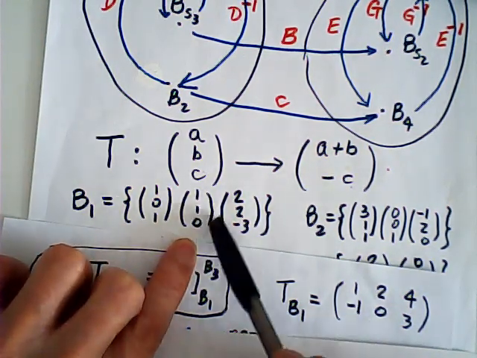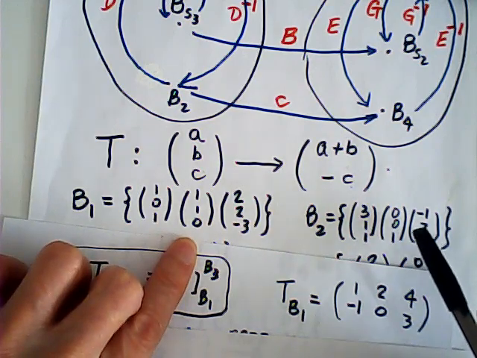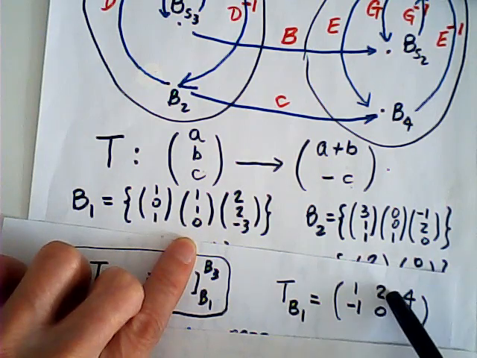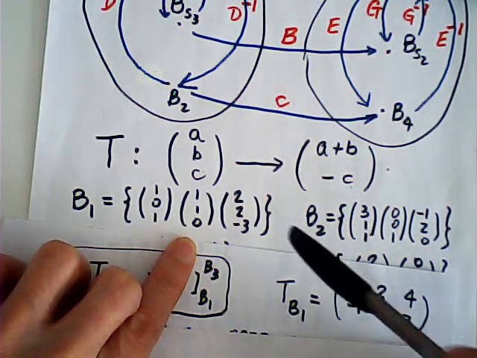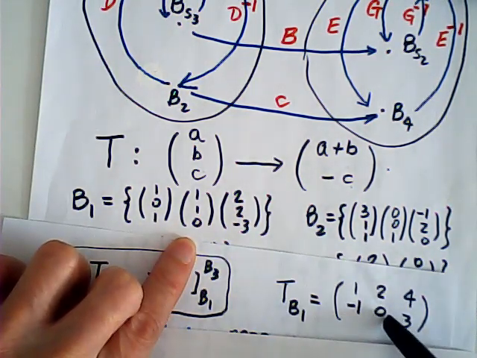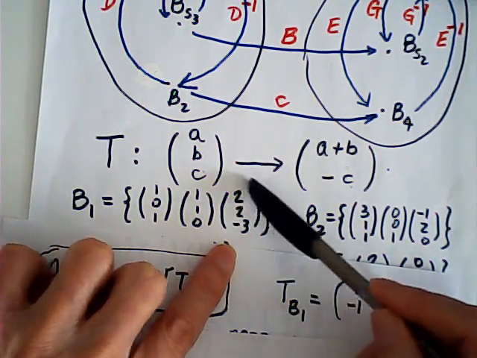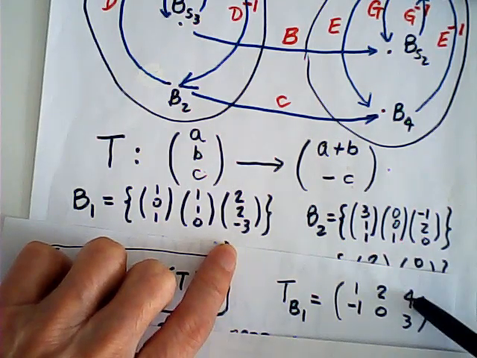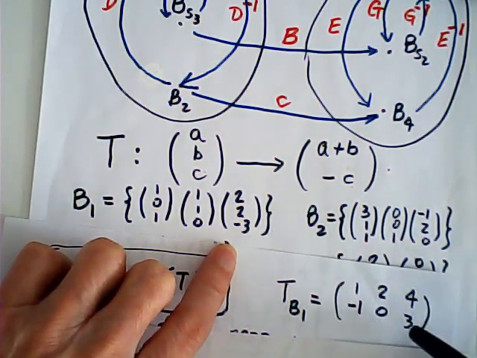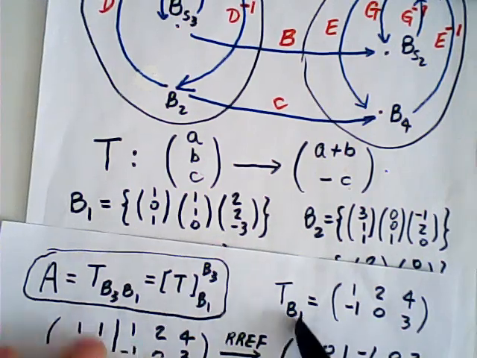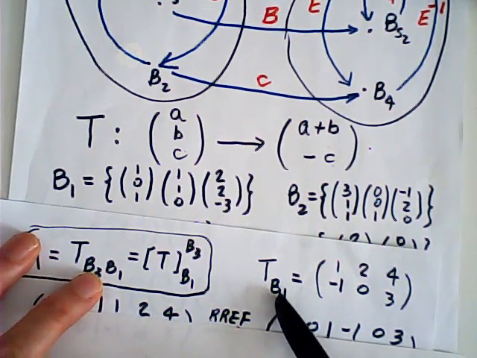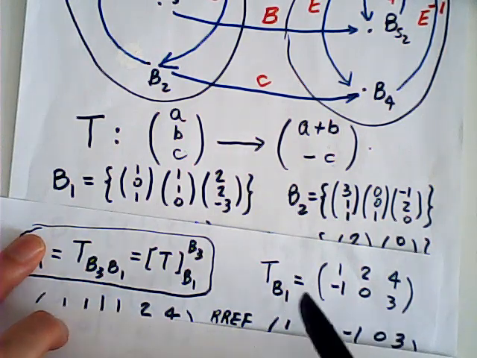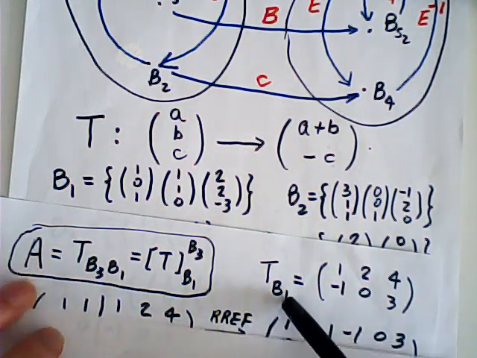And this vector, according to the transformation, is 1 plus 1 is 2, and negative 0 is 0. And this vector in the basis is 2 plus 2 is 4, negative 3 is positive 3.